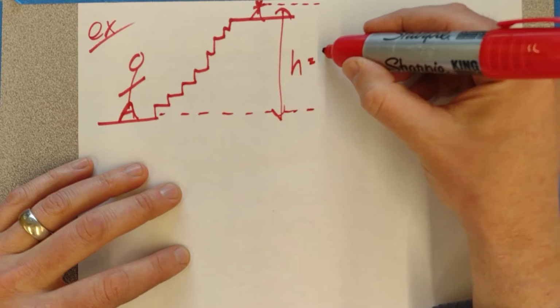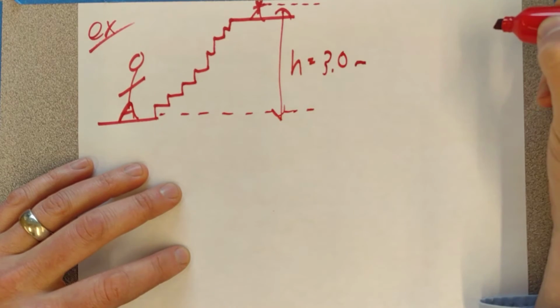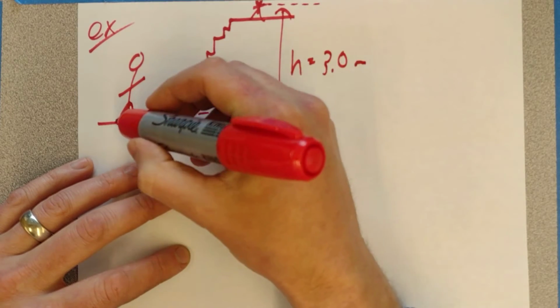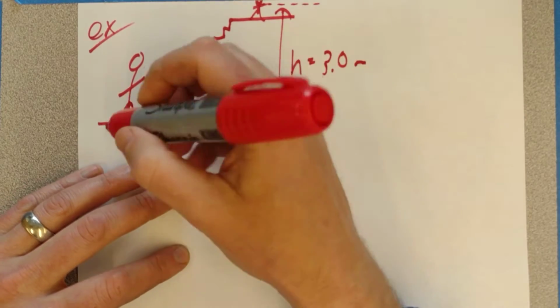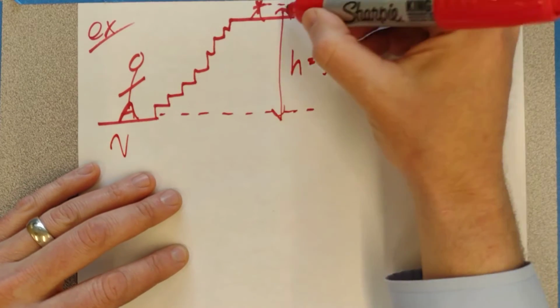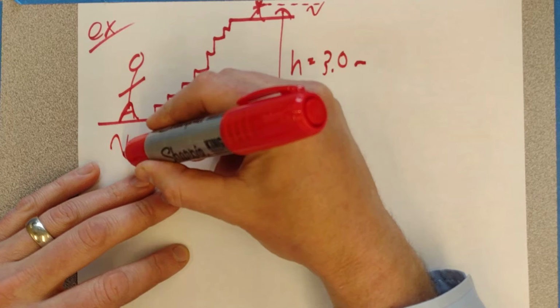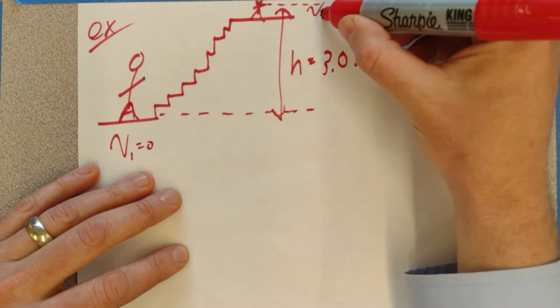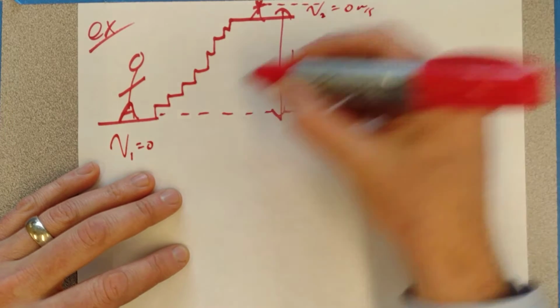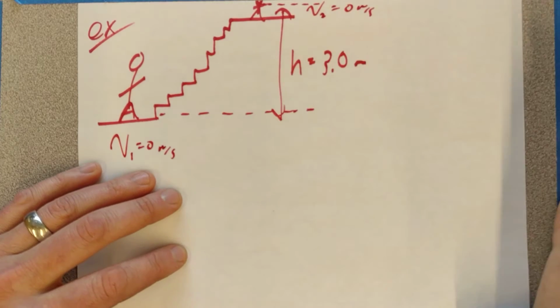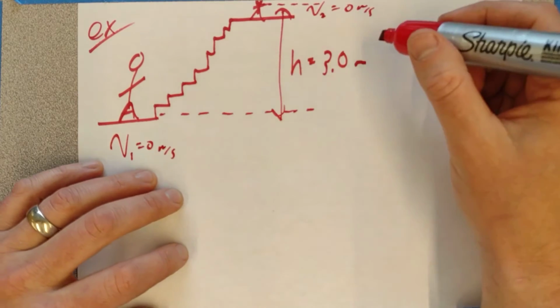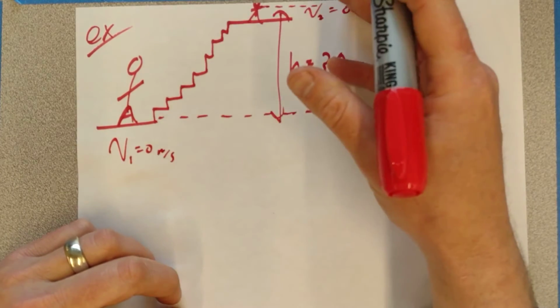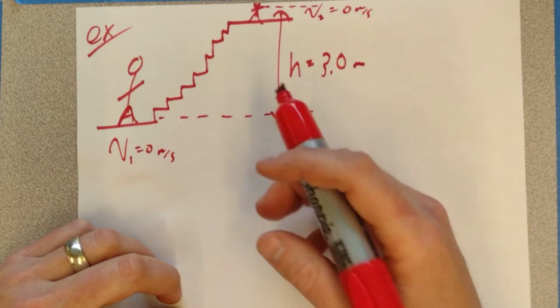Let's make it 3.0 meters. Let's say they run up the stairs. Now, let's say they start at rest and they end at rest, right? So V initial V1 equals 0, V2 equals 0. So in each spot, they start and end at rest. So they're going to do work to overcome gravity to get vertically changed.